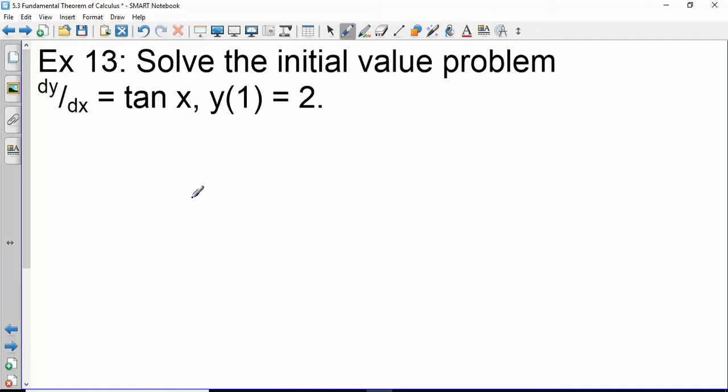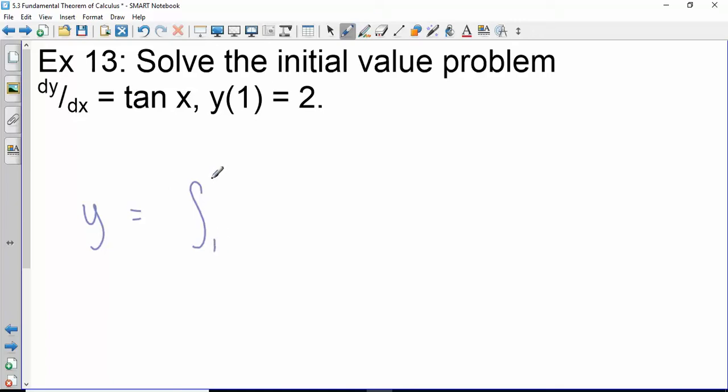The initial value problem. So it's saying the derivative is tangent of x. So we're trying to find the original. So it'd have to be the antiderivative. Where would this one start?